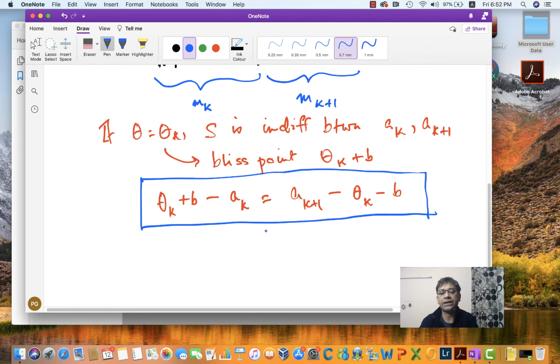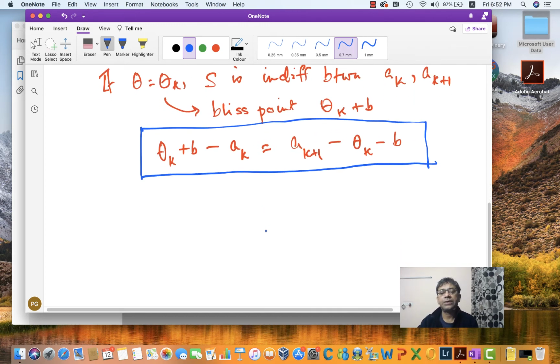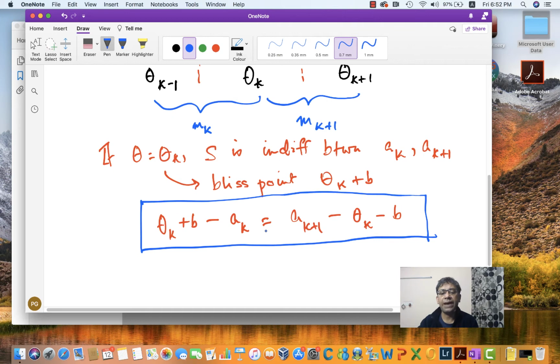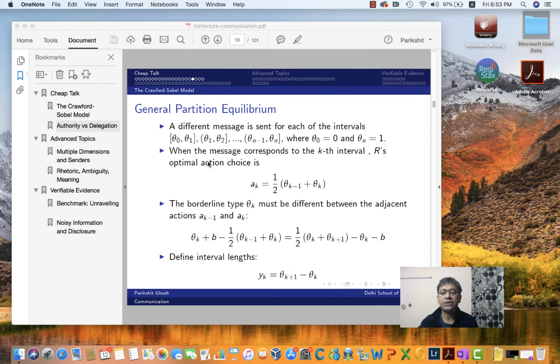So it involves theta k minus 1, theta k, and theta k plus 1. And we can solve that difference equation to find the values of the cutoff points. Now it turns out that we can make the difference equation simpler. We can make it a first order difference equation by transforming the variable. So now let me get back to the slides.